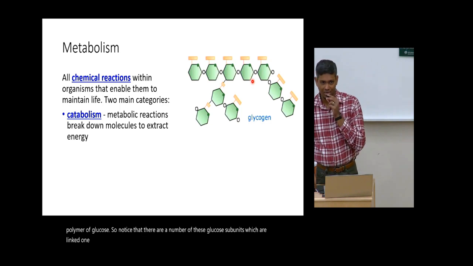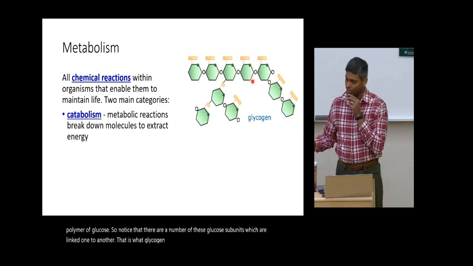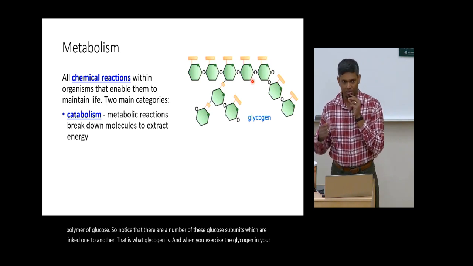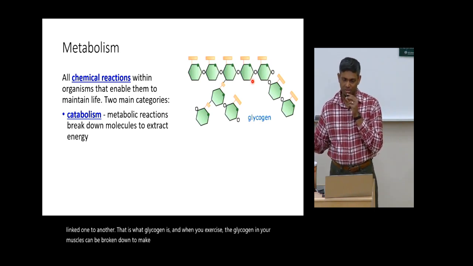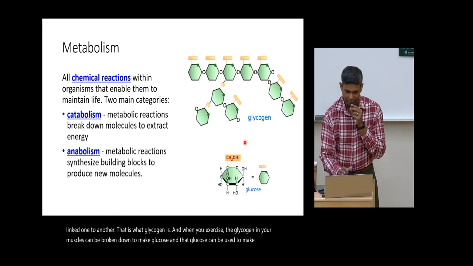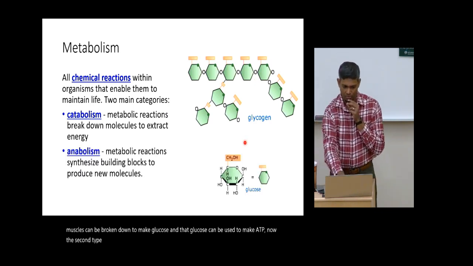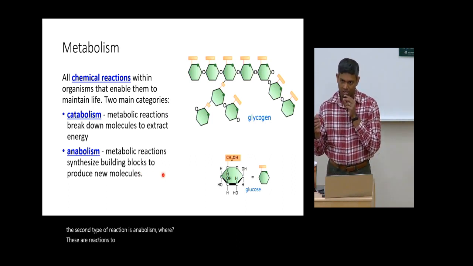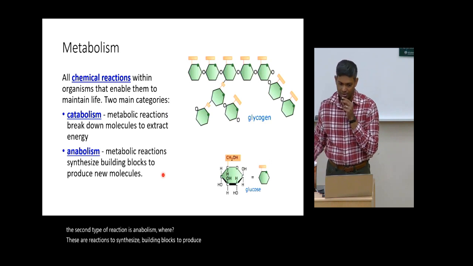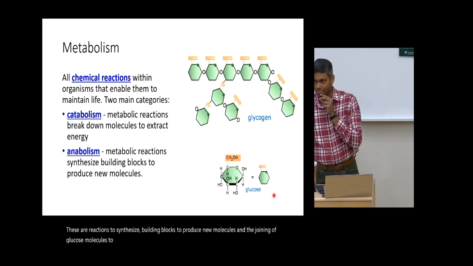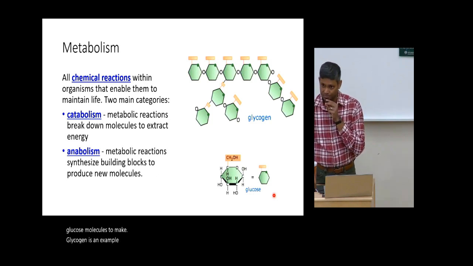That is what glycogen is, and when you exercise, the glycogen in your muscles can be broken down to make glucose, and that glucose can be used to make ATP. Now the second type of reaction is anabolism, where reactions synthesize building blocks to produce new molecules, and the joining of glucose molecules to make glycogen is an example of an anabolic reaction.